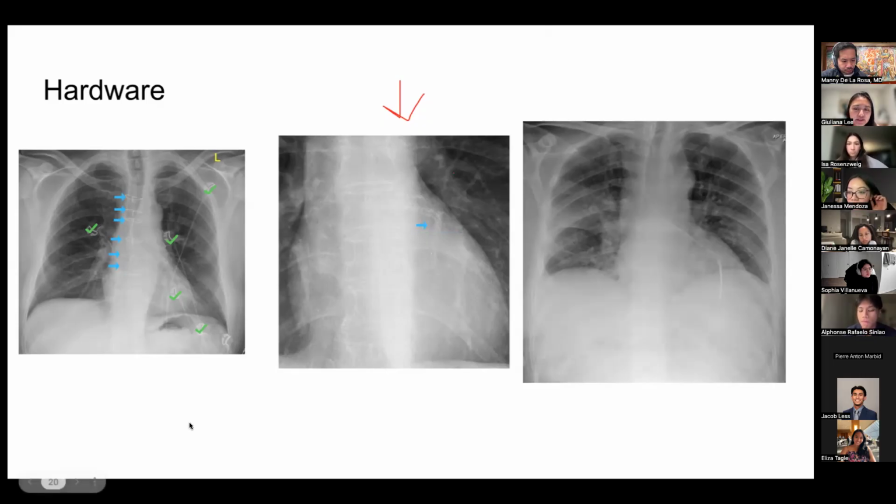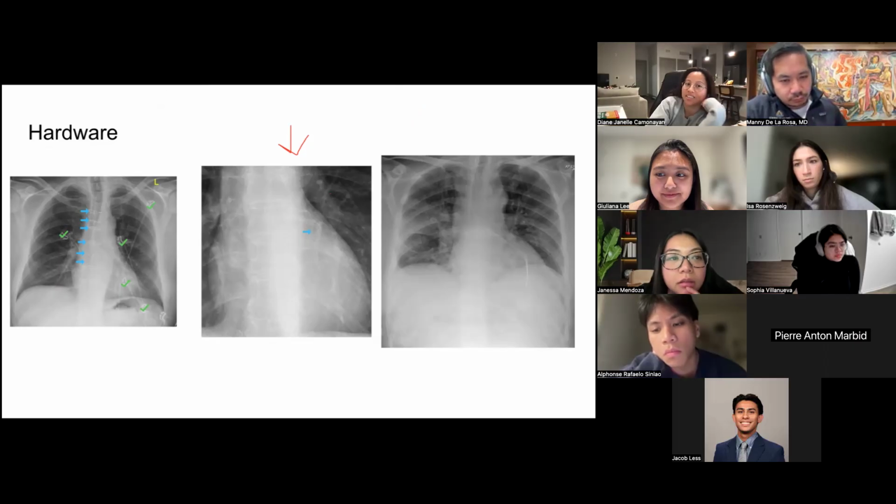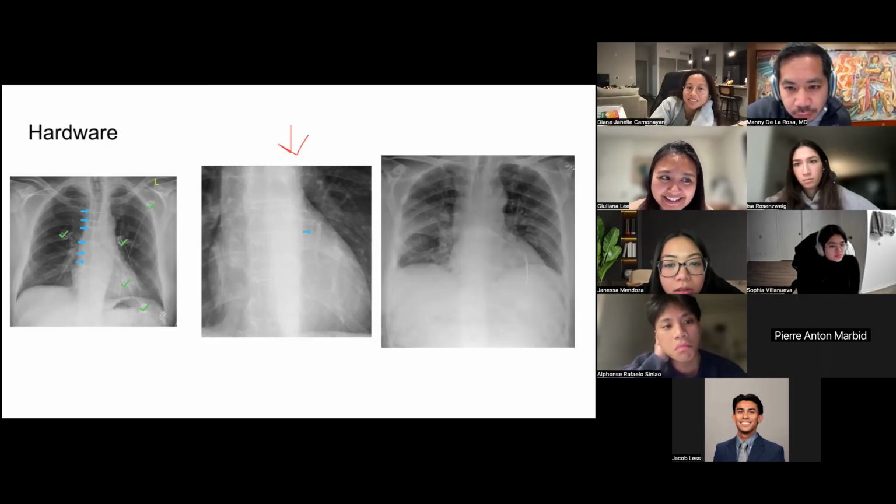So, that also is something that remains in a person forever. And then finally, what are we seeing in that third image on the right? This is a wild guess, but is it supposed to be an NG tube, but it ended up being in the lungs instead of in the gut? Yes, very good.